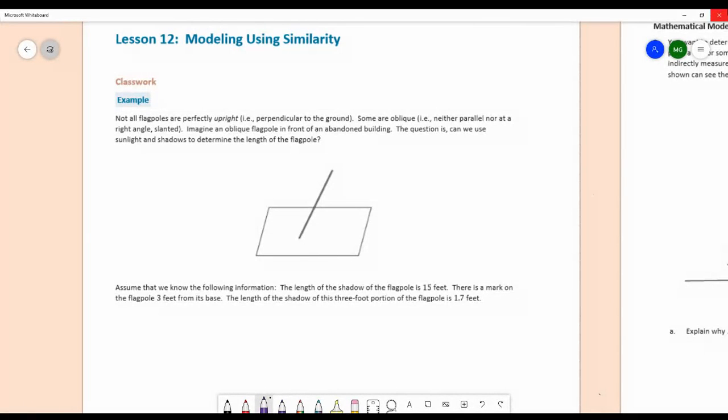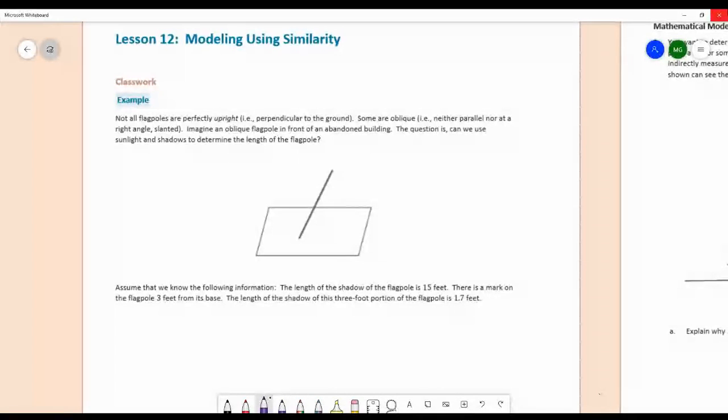So far we have the ground, that's the plane, and we have that oblique line, which is our flagpole. Now it says, assume that we know the following info: the length of the shadow of the flagpole is 15 feet.